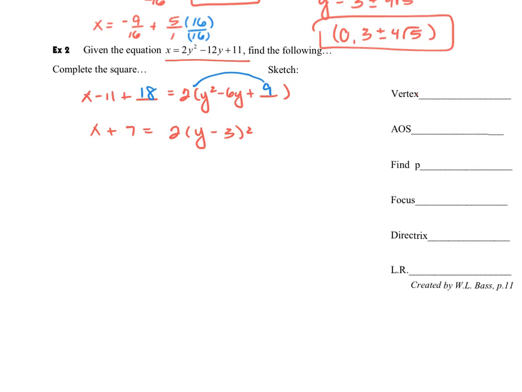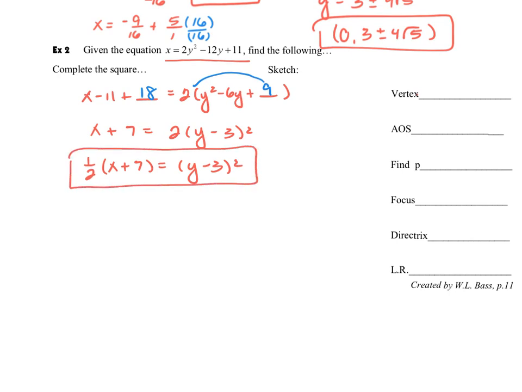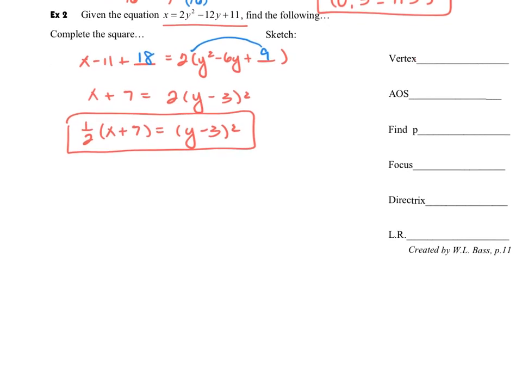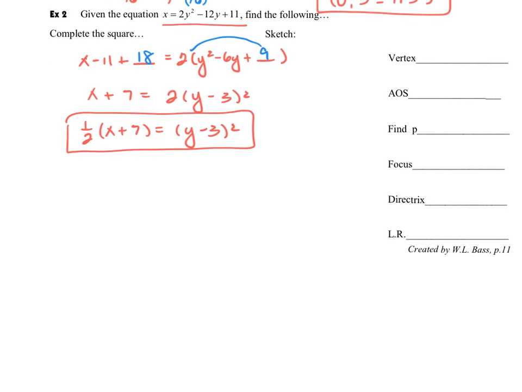Don't forget, the coefficient and the exponent need to be on opposite sides, so that's going to become a 1/2 x plus 7, and then a y minus 3, quantity squared. So we're going to get that in the standard form, and then we can actually start using that equation to approximate some things.